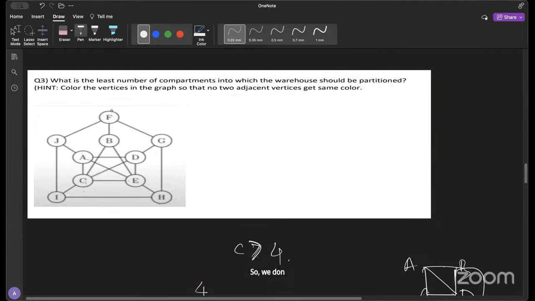So we don't know what the criteria for partitioning the warehouses is. The criteria is not mentioned. That is why you've been given a hint. They don't say that two warehouses should not have an edge. That's not mentioned in the question. That's why the hint helps. Without a hint, it will become a little confusing.